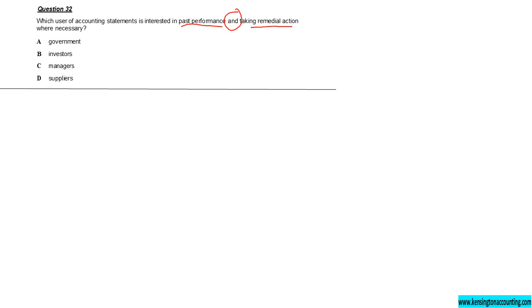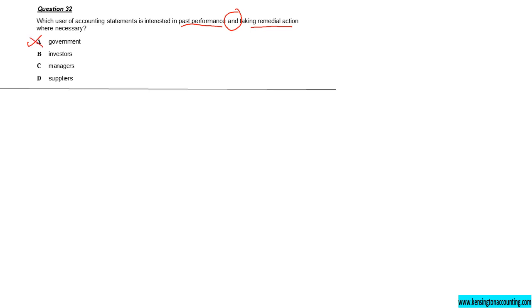Now, a government is only interested in taxes. So a government won't be really interested in taking remedial action. They might be interested in the profitability of the business, to collect taxes and to know how much tax the business should pay, but certainly taking remedial action is none of their business. Therefore, this is a wrong answer.